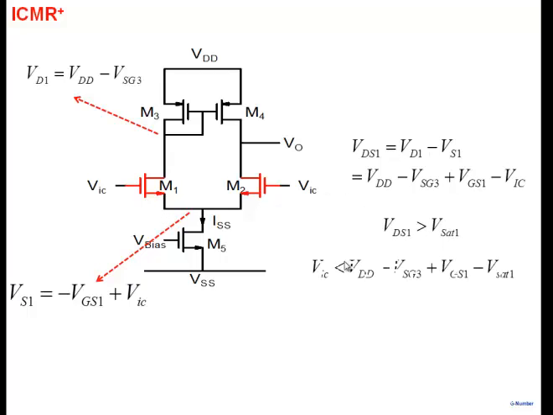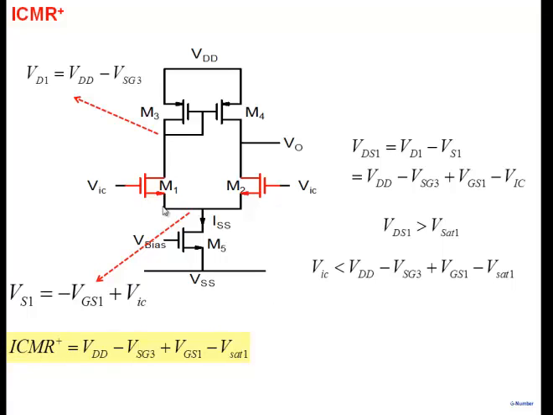And so we write this down here. And this gives us that VIC has to be less than this particular limit. Okay, so it shows that there's an upper limit on how large a VIC I can apply. The next thing we do is, so this is what we call ICMR plus. This thing here, VDD minus VSG3 plus VGS1 minus VSAT1, is ICMR plus.